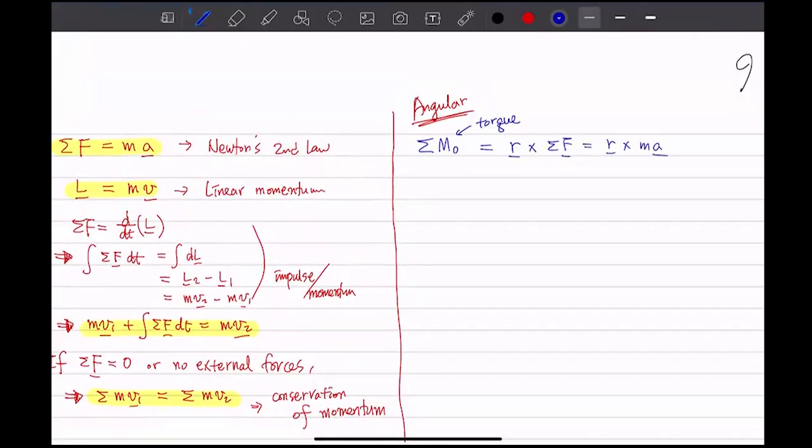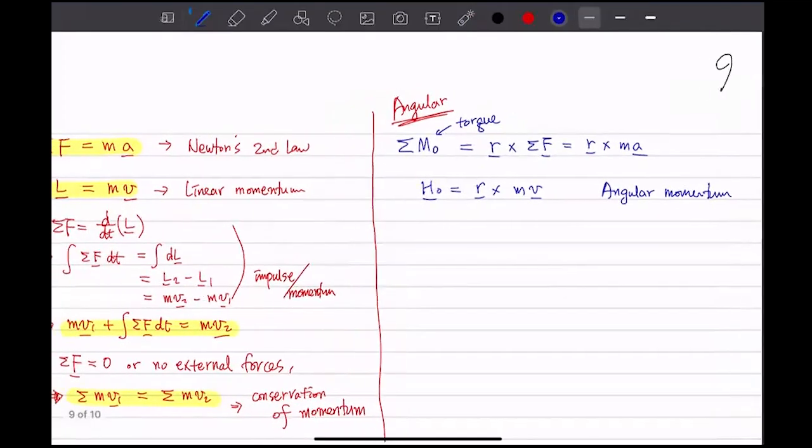Right? This is just a definition, okay? So in the angular space, the summation of all forces equals ma, and the summation of all torque is r times ma. Okay? And we also just learned about this angular momentum, that is r cross v. Angular momentum, right?